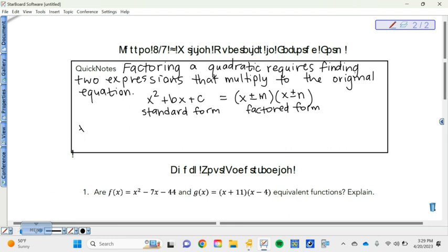And then we also want to know if there is a GCF, a greatest common factor, then factor it out first.